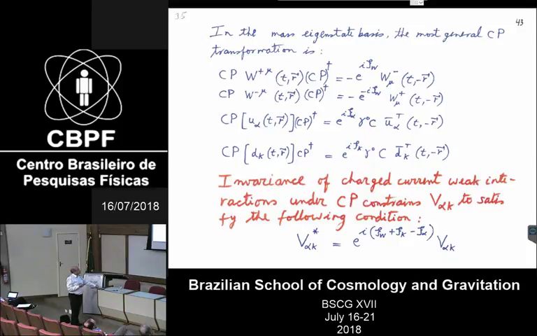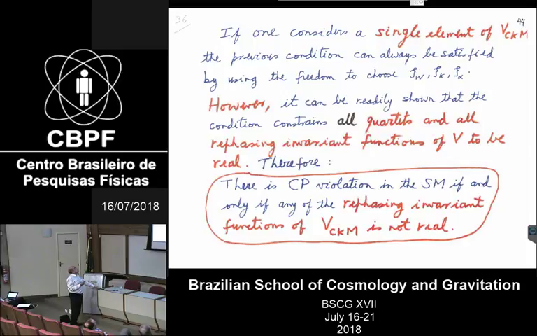Now you can see that these are free phases, so obviously any individual condition can be satisfied. If you choose a particular alpha, particular k, you can always choose these parameters in such a way that this is satisfied. So if one considers a single element of VCKM, the previous condition can always be satisfied by using the freedom of choosing these phases. However, it can be readily shown that the condition constrains all quartets and all rephasing invariant functions of V to be real.